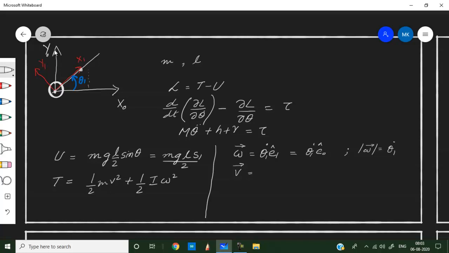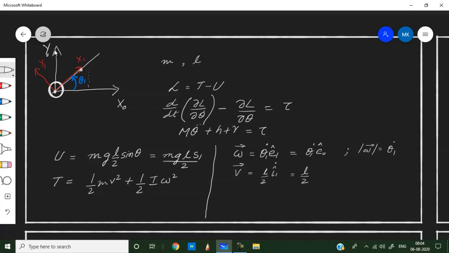In vector form, in this frame x1, y1, z1, the position of the center of mass will be L by 2 along x1, so we can write it as L by 2 I1. But because this is just the position, for velocity we need the time rate of change of this, and since L is constant, it will be L by 2 I1 dot.